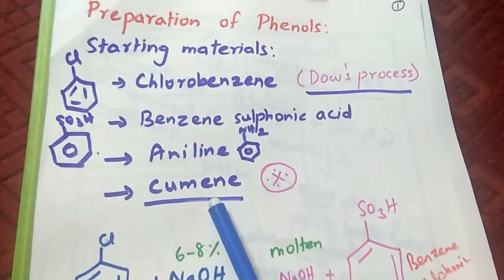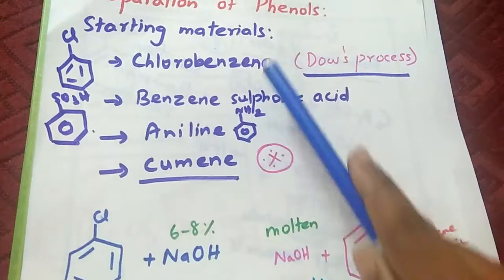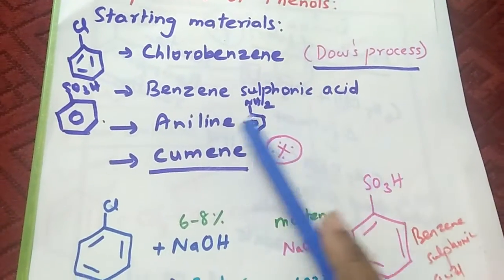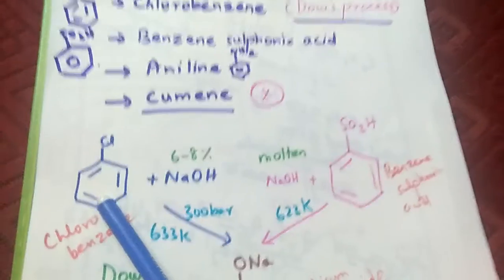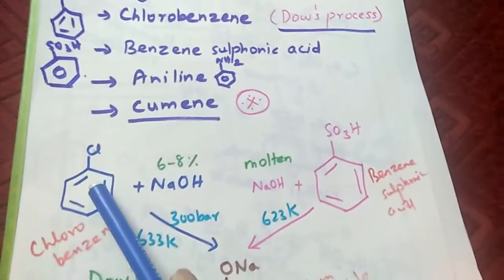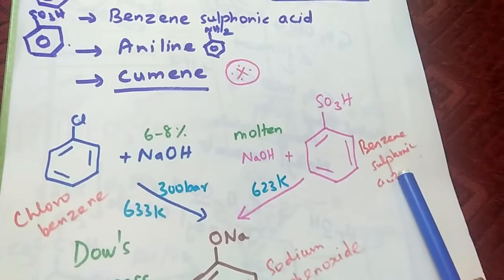So we'll discuss the methods of preparation of phenol from all these starting materials: chlorobenzene, benzene sulfonic acid, aniline and cumene. The first two compounds are given here, chlorobenzene and benzene sulfonic acid.